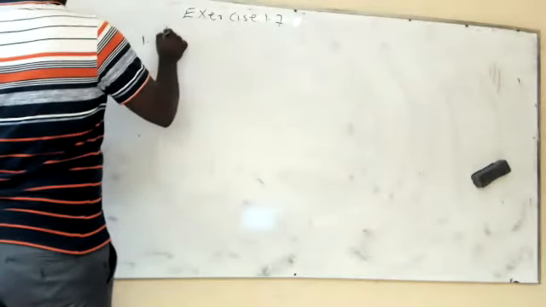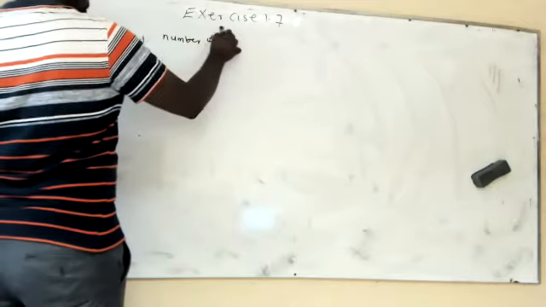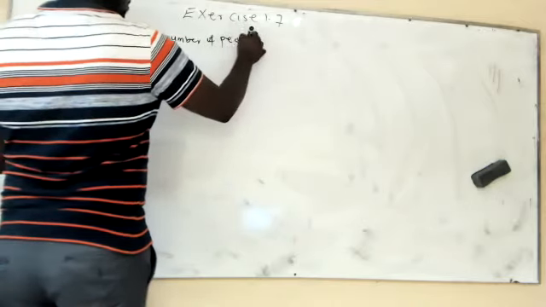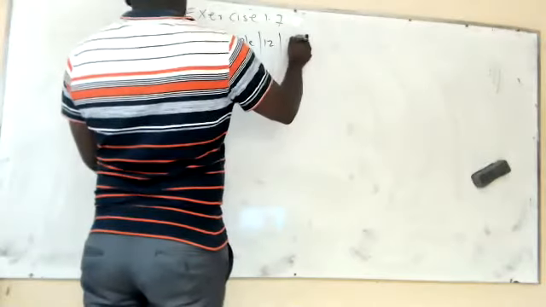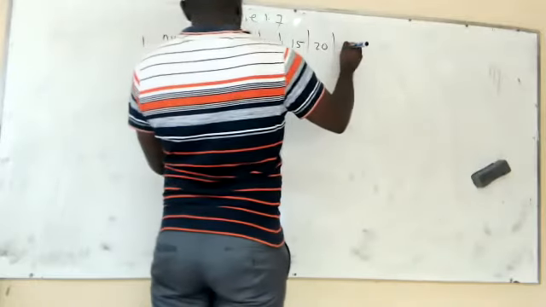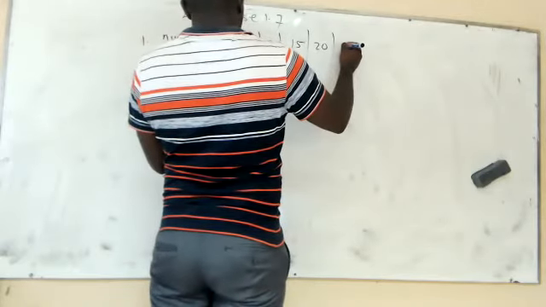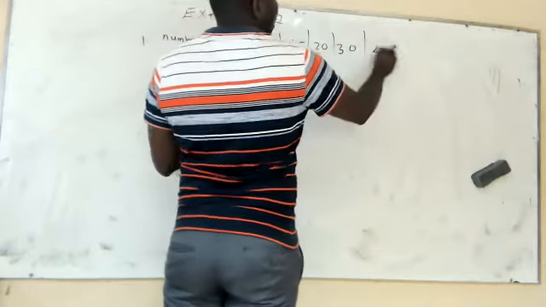So we'll start with question number 1, in which we are given the number of people: 12, 15, 20, 30, and 40.